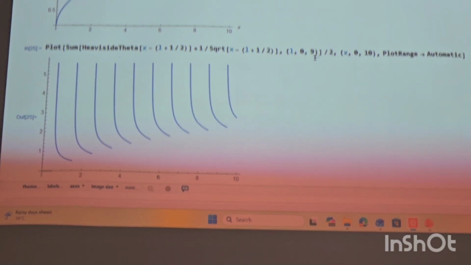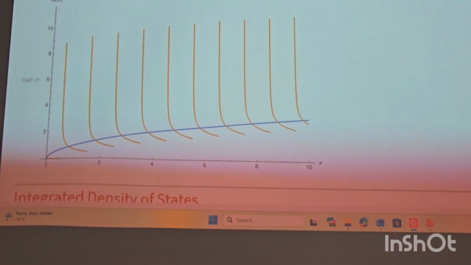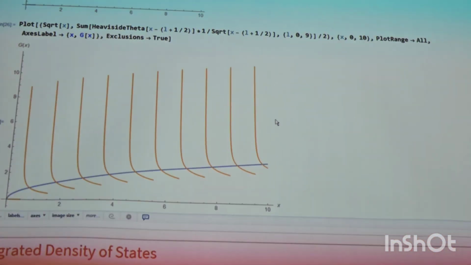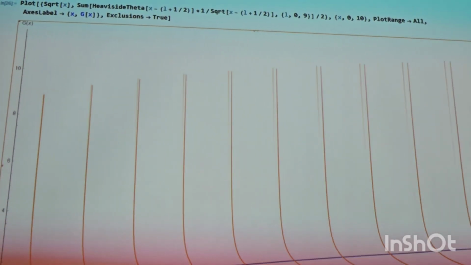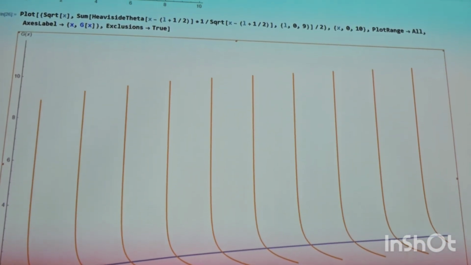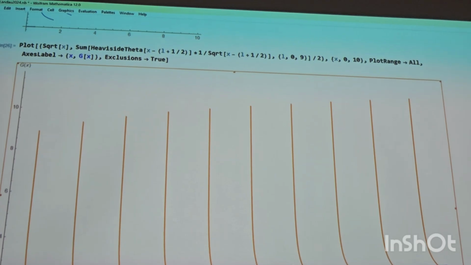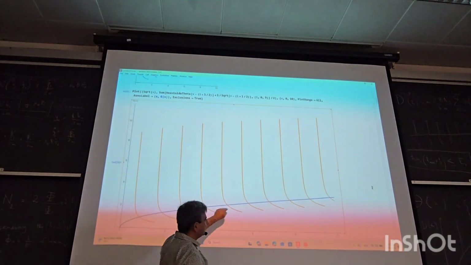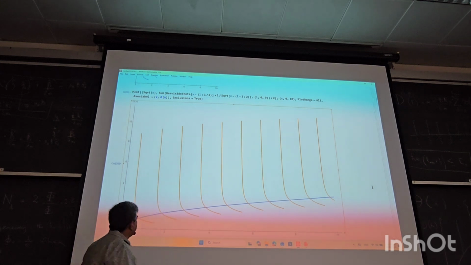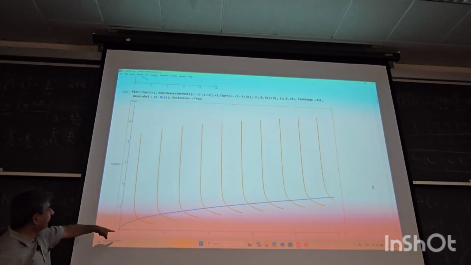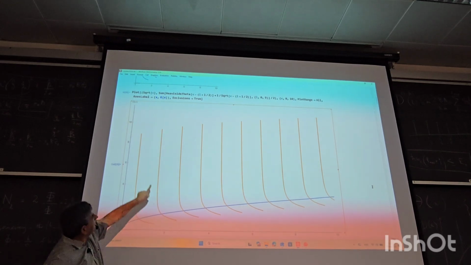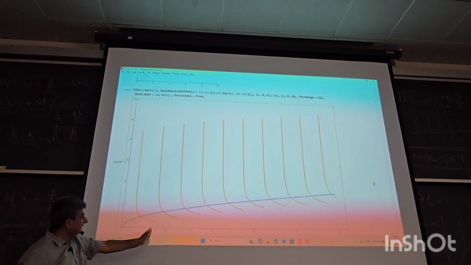And now I juxtapose the two together. Indeed, this is my observed structure. So I have this density of states in 3D. Mathematica is not plotting the continuous curve, so it really goes up to a large value, drops down and goes up back to the large value at these ladder points.